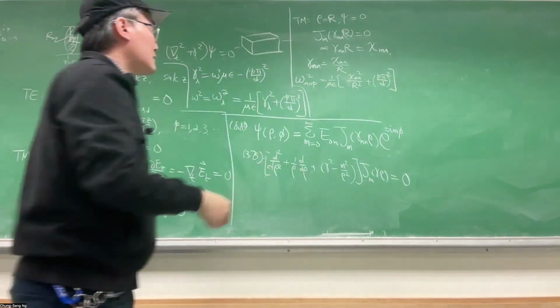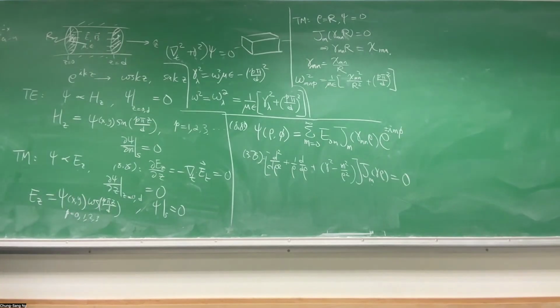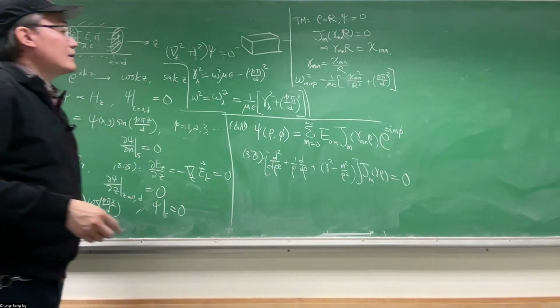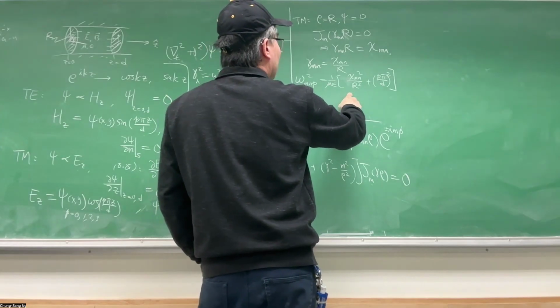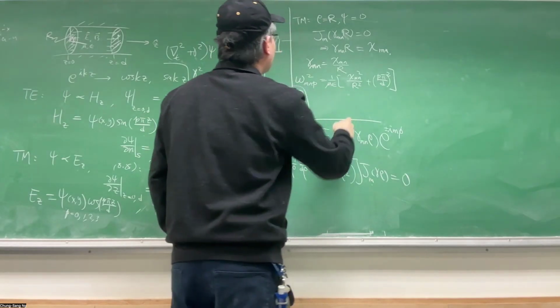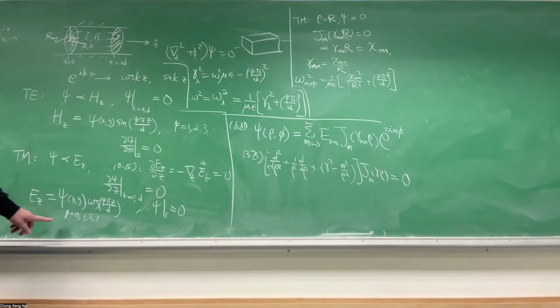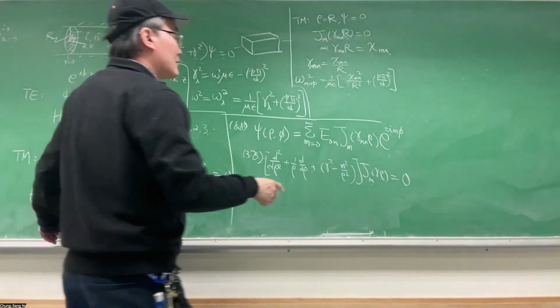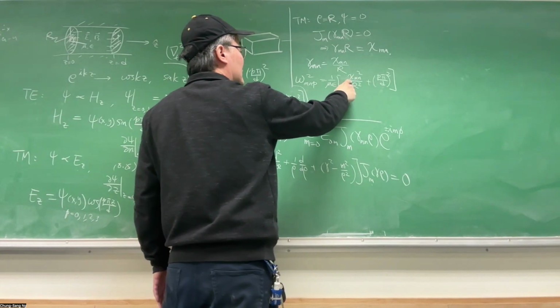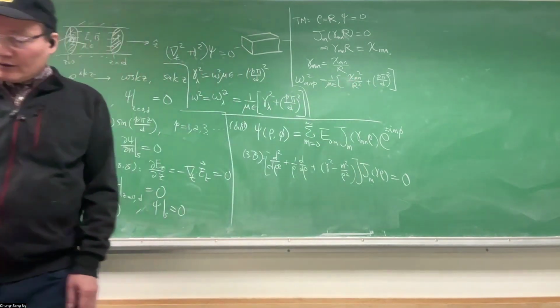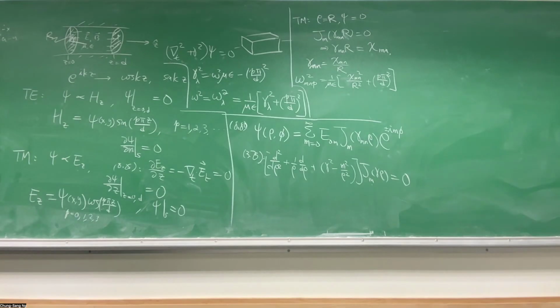That will give you all the omega mnp. And now for the lowest mode, for this TM mode, p can be 0. For the lowest mode, obviously you want p to be 0. And then you find the smallest x_mn, which quite often is from m equals 0, but we can look that up in chapter 3.